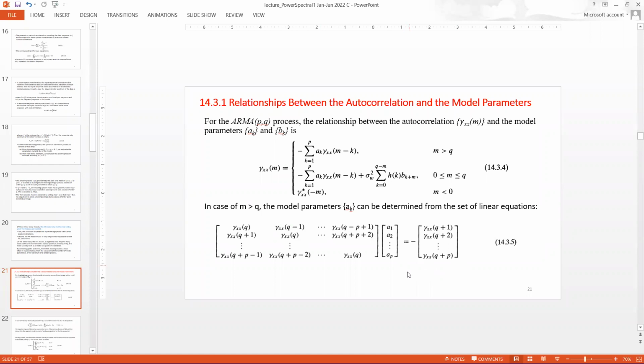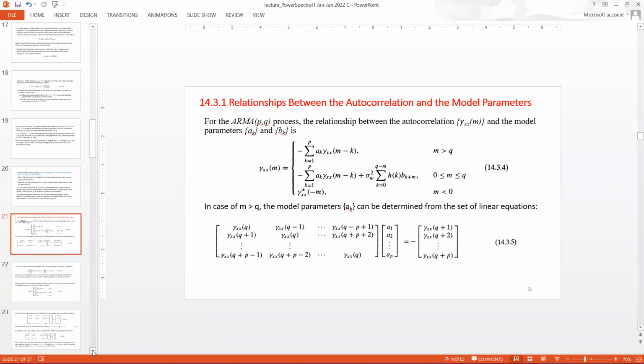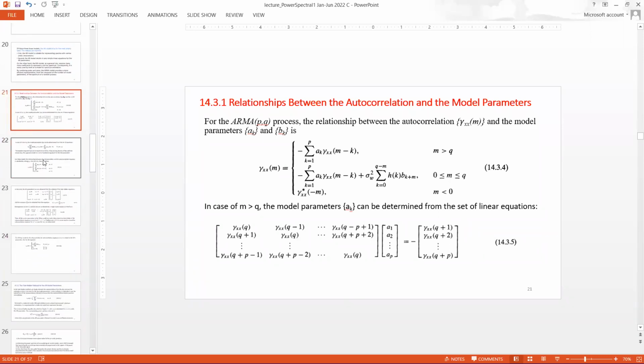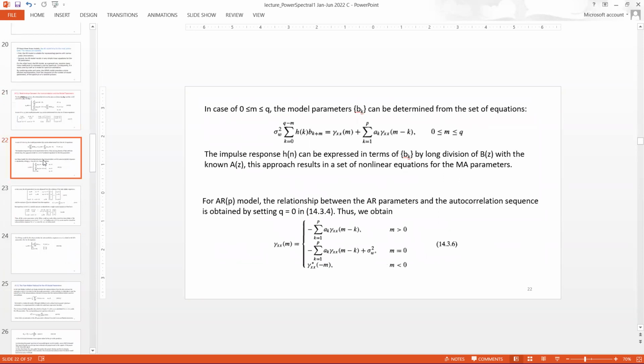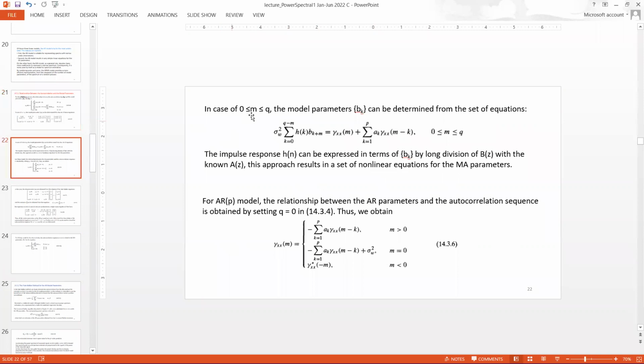So from here we can solve the equations to get the desired solution for ak. In the case m greater than q, this kind of equation will come for the ARMA model.